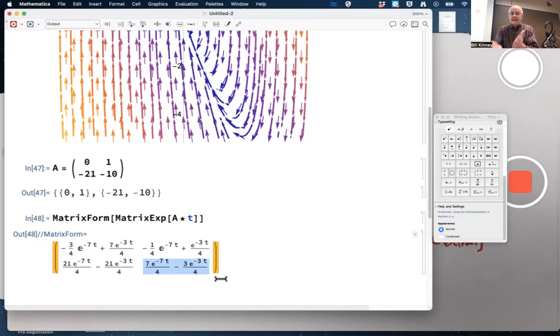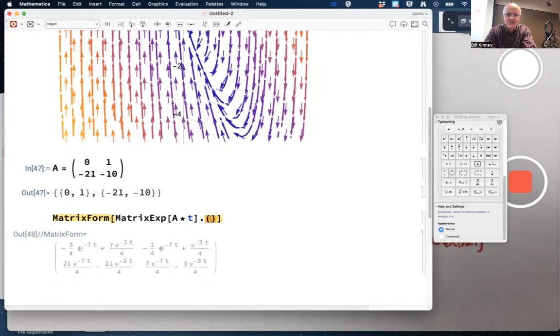Give me any real number t, I get a matrix out. Blow your mind. And if you multiply this matrix times an arbitrary initial condition vector, you get your solution of the initial value problem. How is this computed? We have to wait. Now we're just trusting the technology.